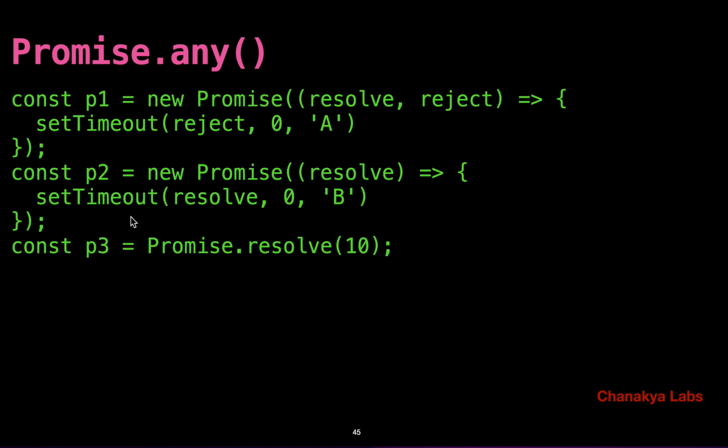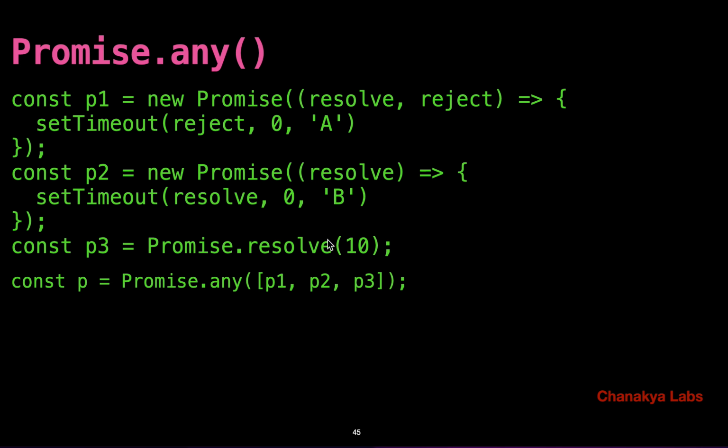But what if you are given a resolved promise rather than some value? Here you are given a promise, but there is a resolved value. Now here, even if p3 is written after p2, this any will still resolve to 10. Why? Because this is already a resolved promise right now.